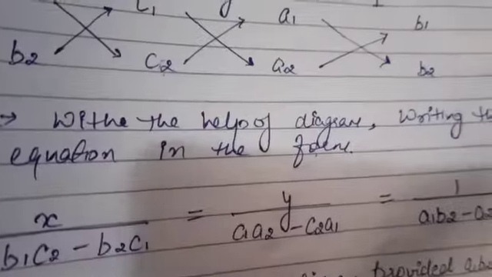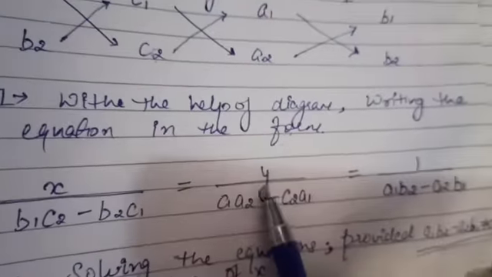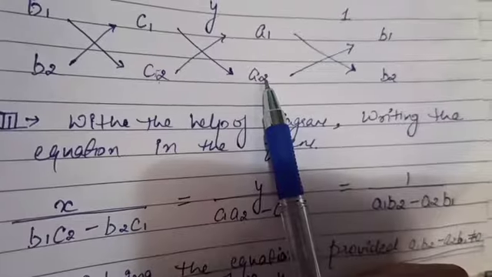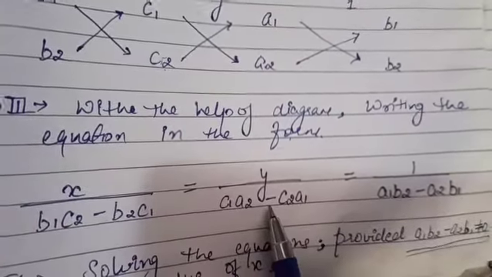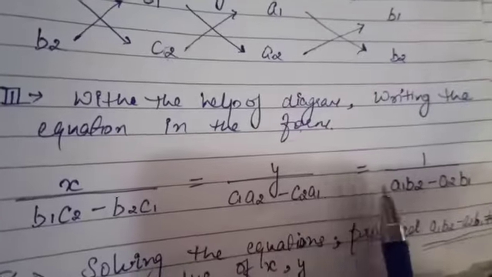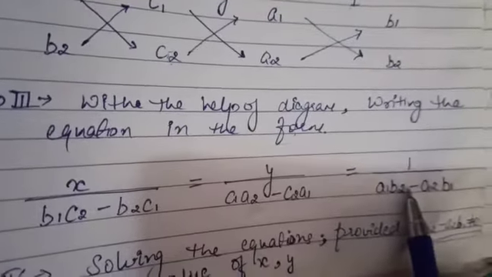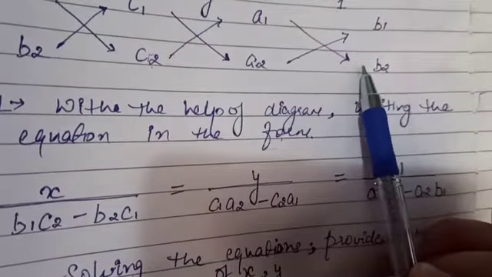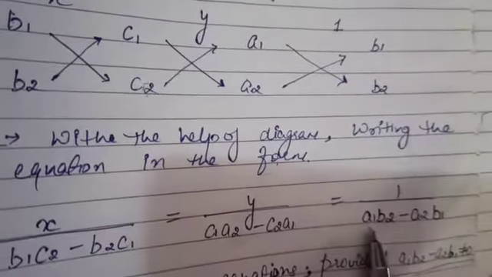Then for y we will do the multiplication like this: c1 into a2, minus sign, c2 multiplied by a1, equals 1 divided by, here we will cross multiply these two parts, a1 into b2.